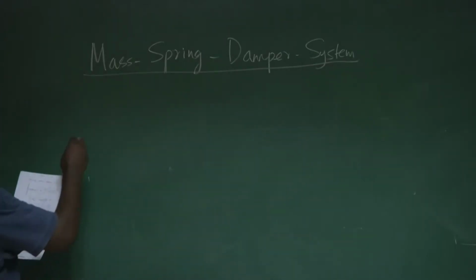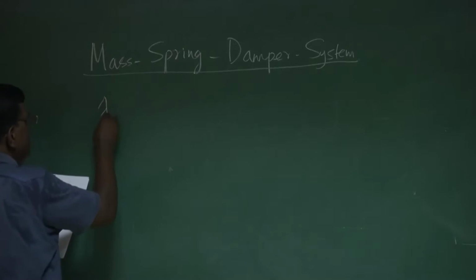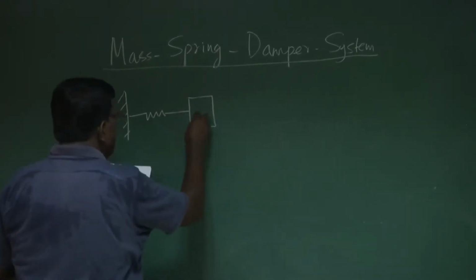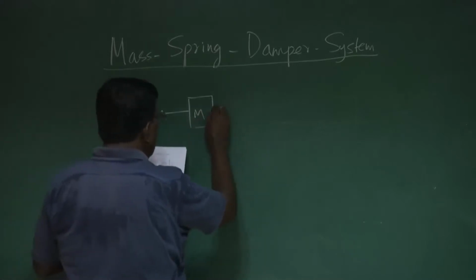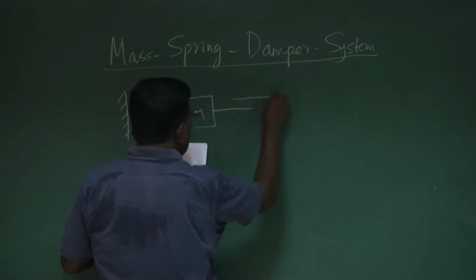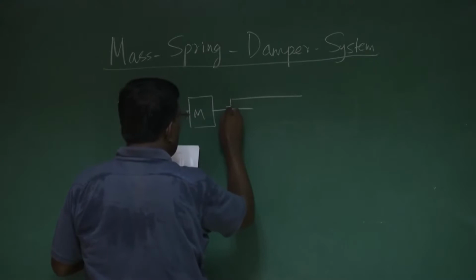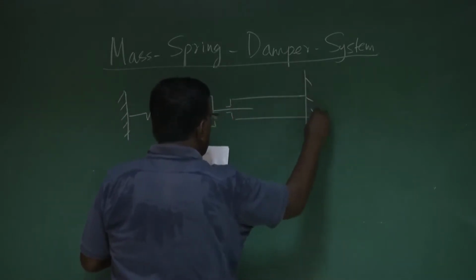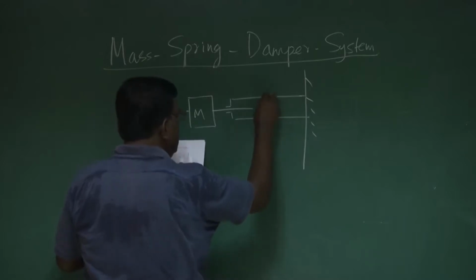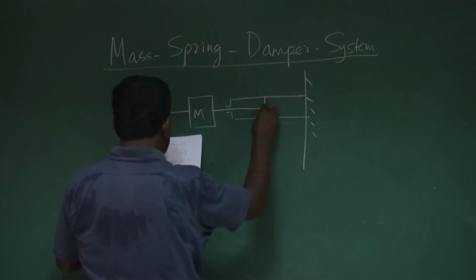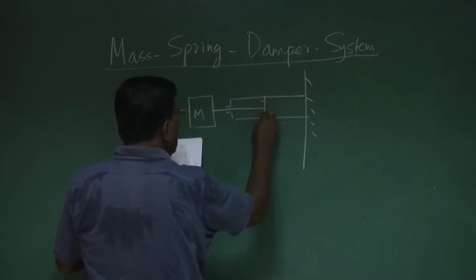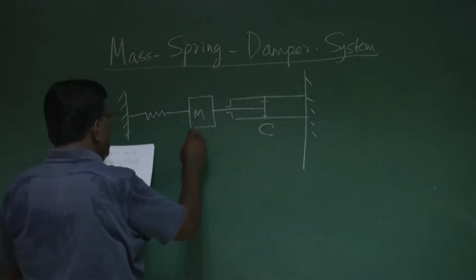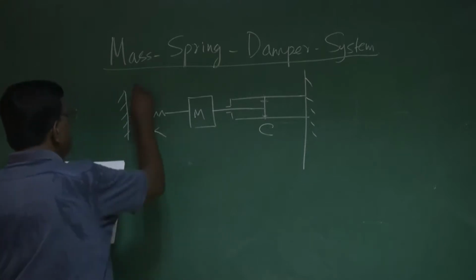If I draw a typical diagram, which most of the textbooks have, this is the damper and this is the stiffness.